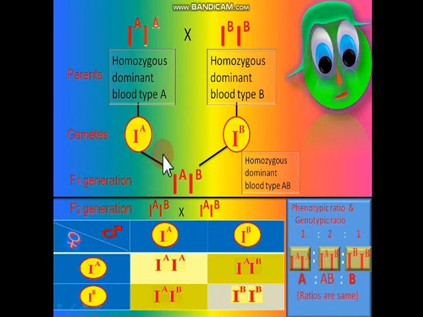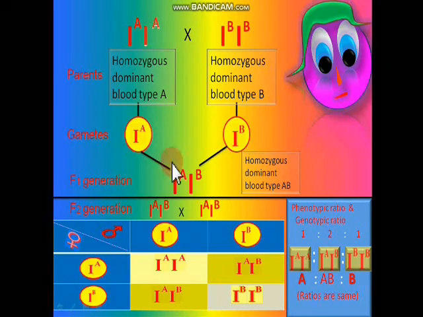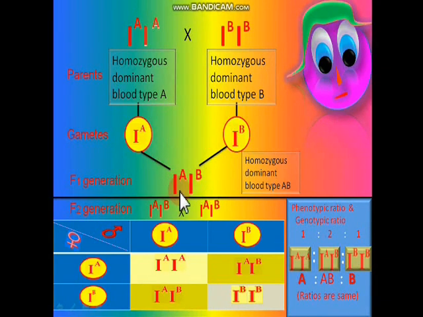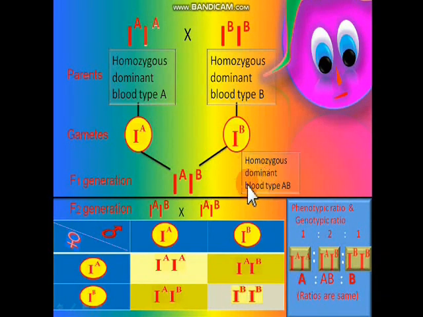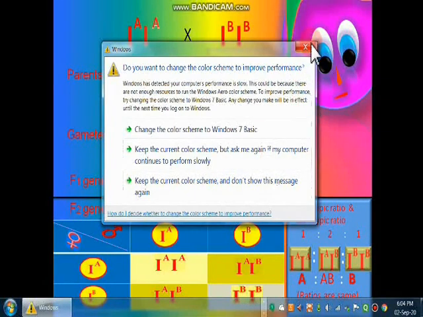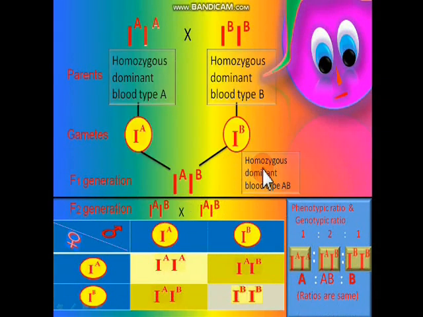So these different gametes with dominant alleles fuse and form IAIB. This is a new character or new trait, that is blood type AB. IAIB represents blood type AB.